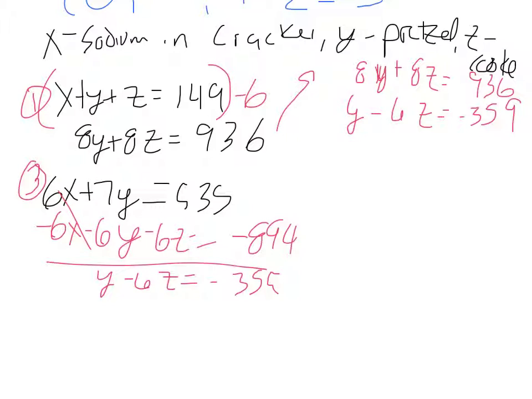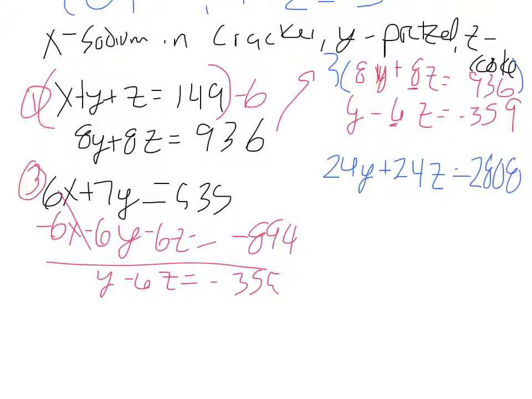So we have y minus 6z equals negative 359. Okay, so here what I'm going to do is eliminate the z's because they're of opposite signs. Plus, when I think about the least common multiple of 8 and 6, it's 24. So if I multiply this first row by 3, we're going to have 24y plus 24z equals 3 times 936, which is 2808.